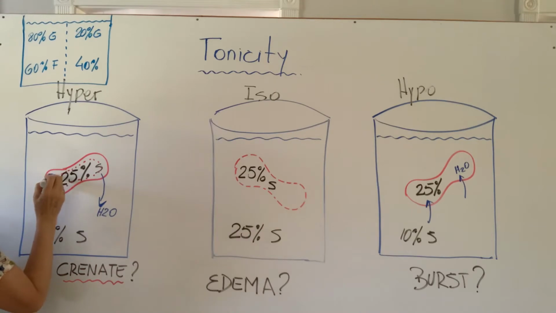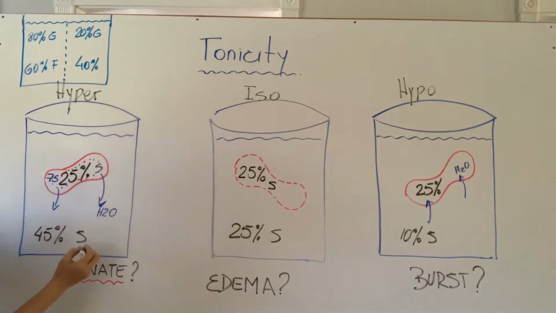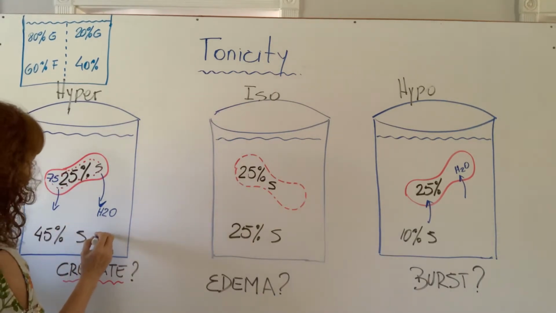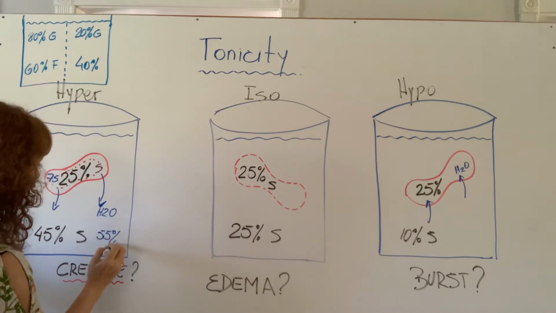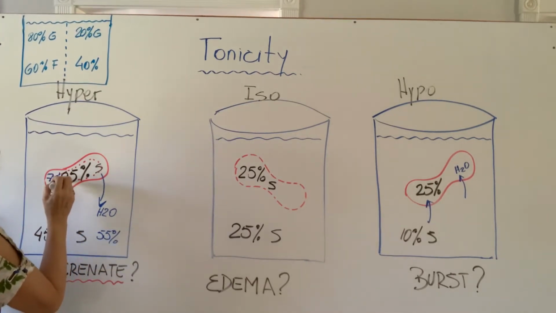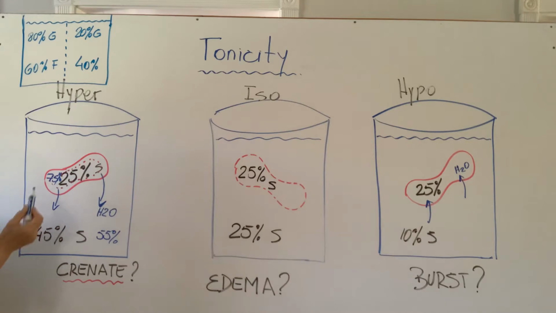We have 75. How much water do we have over here? We have 55%, 25%, right? So where we have the higher concentration of water, 75 over here, lower over here, water moves from higher concentration to lower concentration, and it is fulfilling the definition.